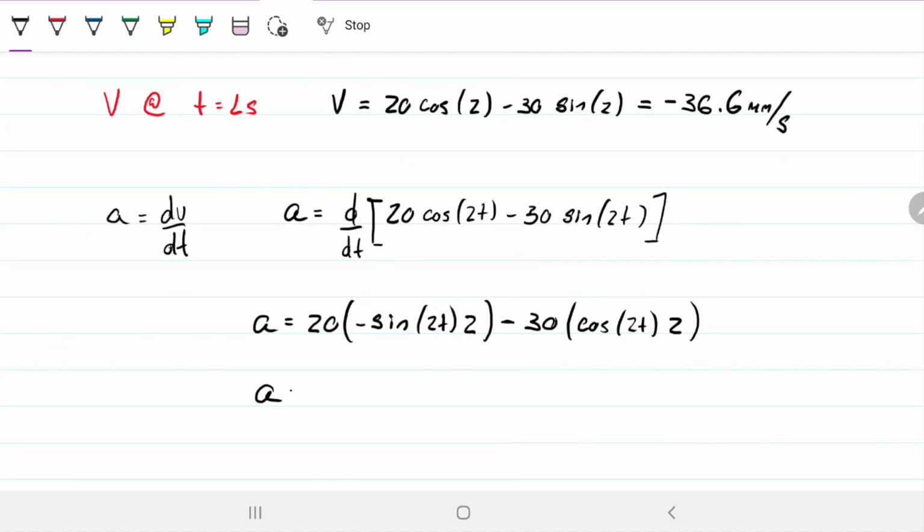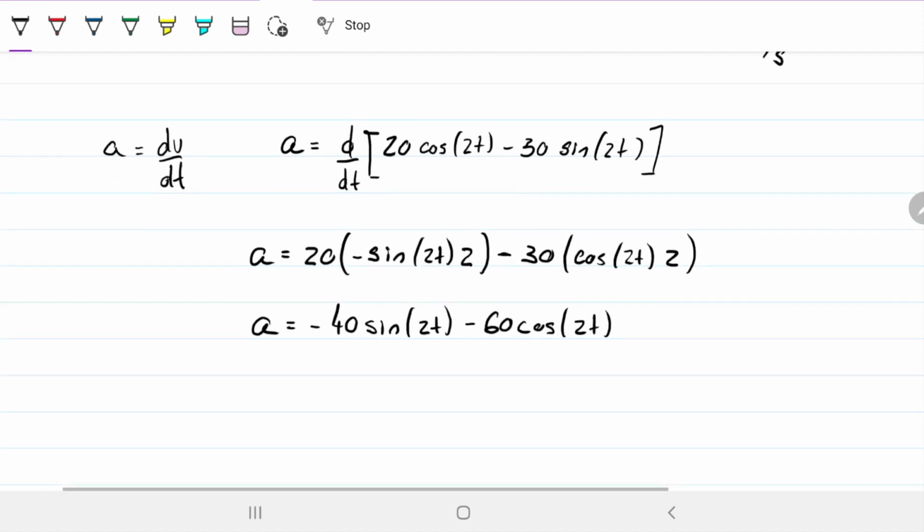So that means that the acceleration for this block A is minus 40 sine of 2t minus 60 cosine of 2t.